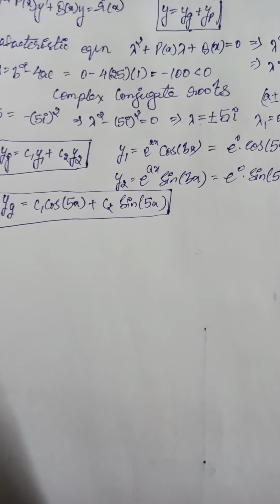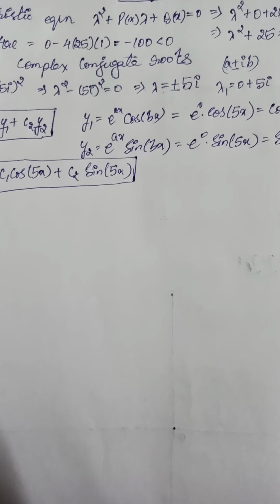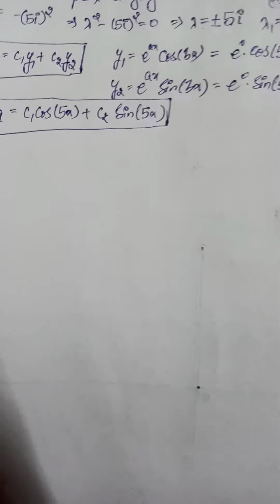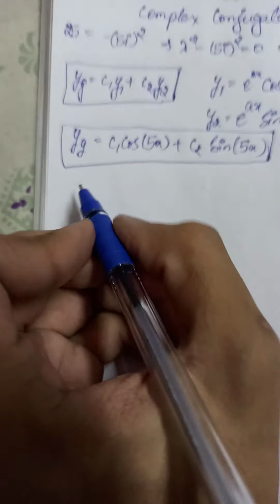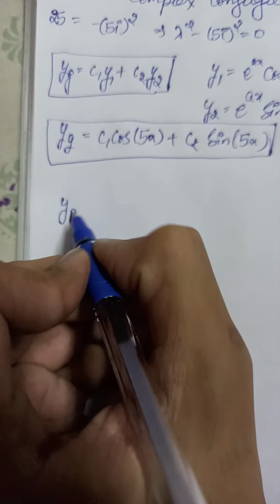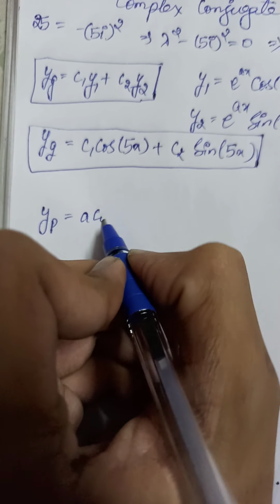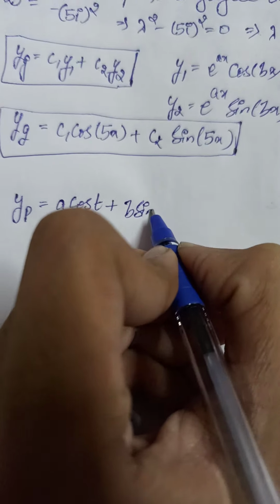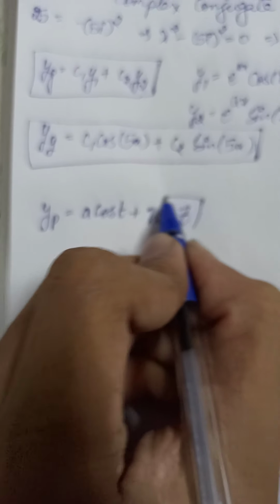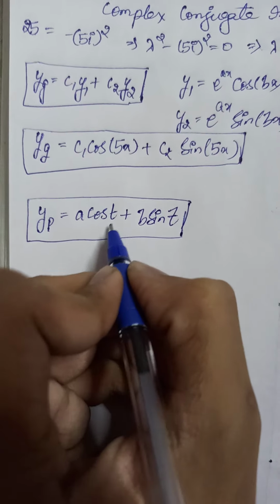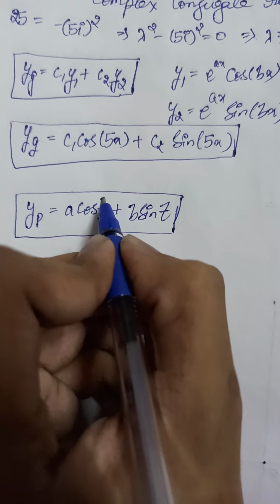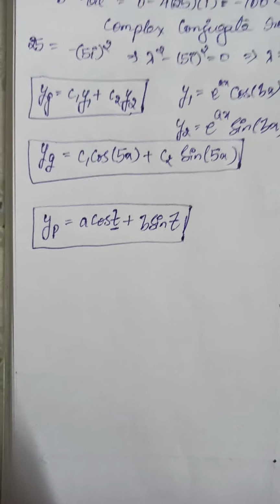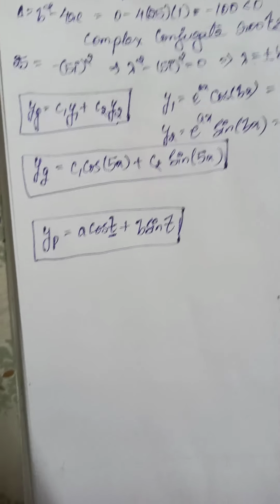Now for the particular solution, we know that the steady state oscillation motion of a mass spring system is the particular solution, which is given by yp equal to a cos t plus b sin t. Here the variable is t. It is because we know that the motion is represented in terms of time and length.